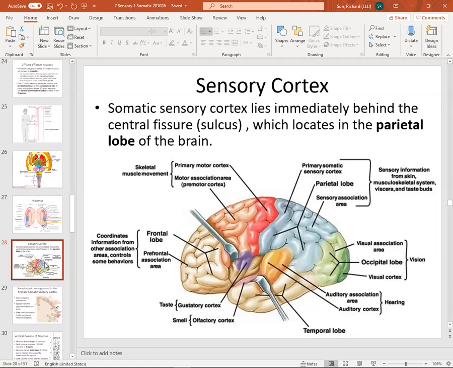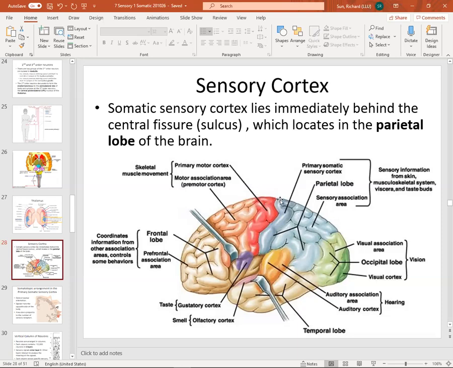All right, so from here, it sends signal into the primary somatic sensory cortex. It's right here. In the brain, we have the central sulcus. It divides the frontal lobe and the parietal lobe.